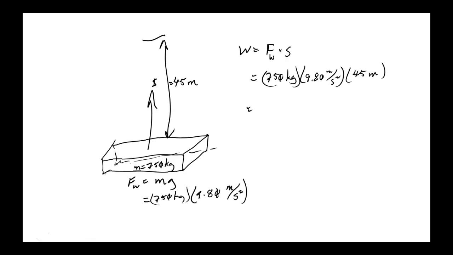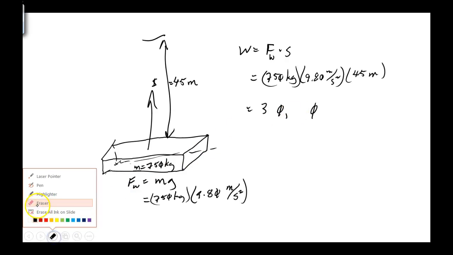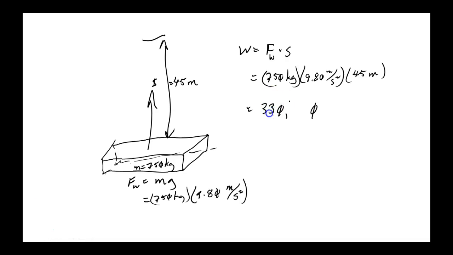What do we get? Pretty big number. 330,000. Is that the number? 330,000. Oh, 330,000. Okay. Let me go back and get that. Just 330,000 what? 750. Okay. 330,750 what units?